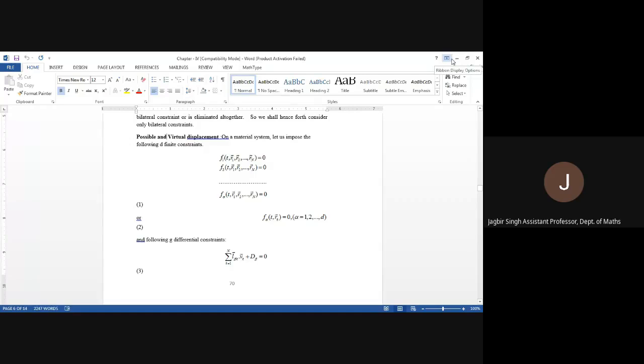I think we should start it tomorrow, so that it will be continued, because first we will define the possible displacement, then possible velocity, then virtual displacement, then possible acceleration. So we will discuss it tomorrow in the next lecture.